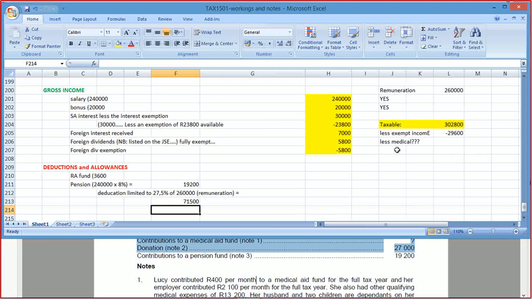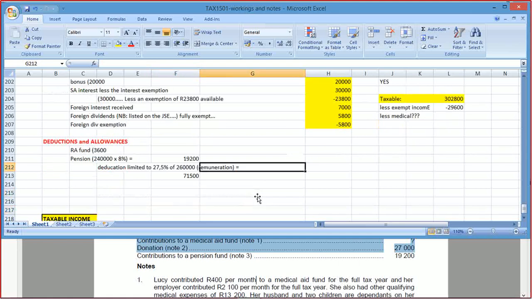What does that give us? 260,000 times 0.275 gives me 71,500. That amount represents the deduction against her remuneration.